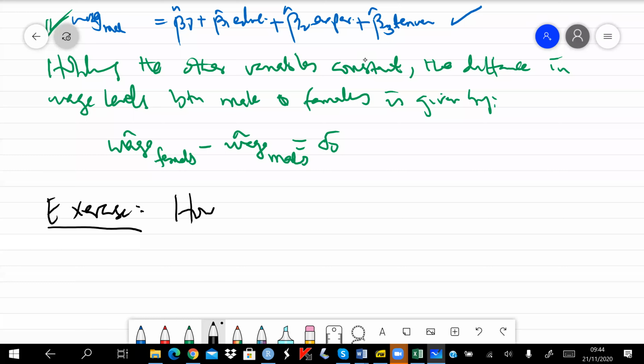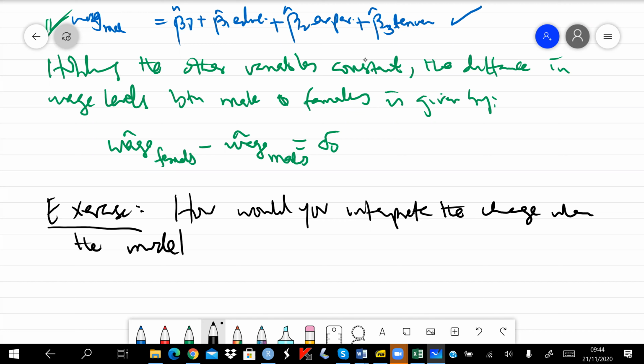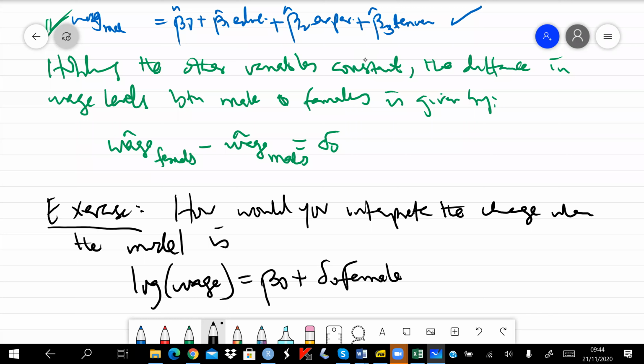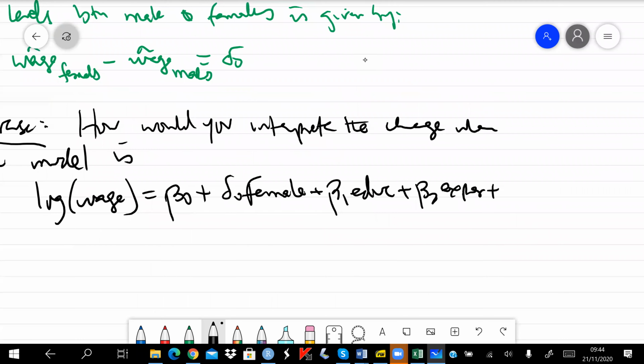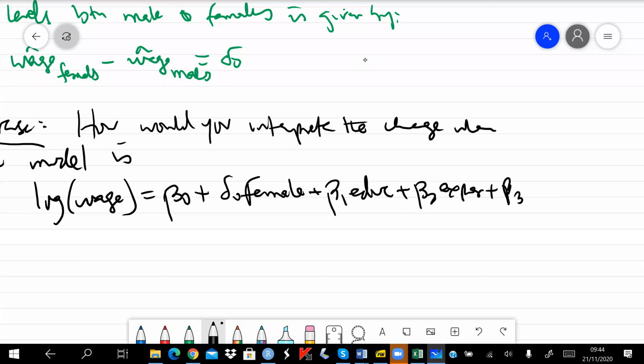And the question is, how would you interpret the change in the model, where the log of wage, if you transform the wage using log, is equal to beta naught plus delta naught of female plus beta 1 education plus beta 2 experience plus beta 3 of tenure plus u.